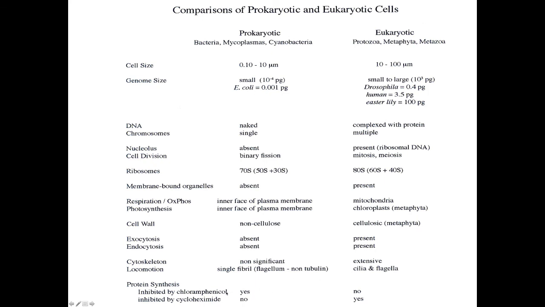So, for example, antibiotics like chloramphenicol do not affect protein synthesis in eukaryotic cells, but they do affect protein synthesis in prokaryotic cells. Likewise, cycloheximide does not block protein synthesis in prokaryotes, but it does block protein synthesis in eukaryotes. So just a point to keep in mind that different drugs will affect eukaryotes and prokaryotes differently.